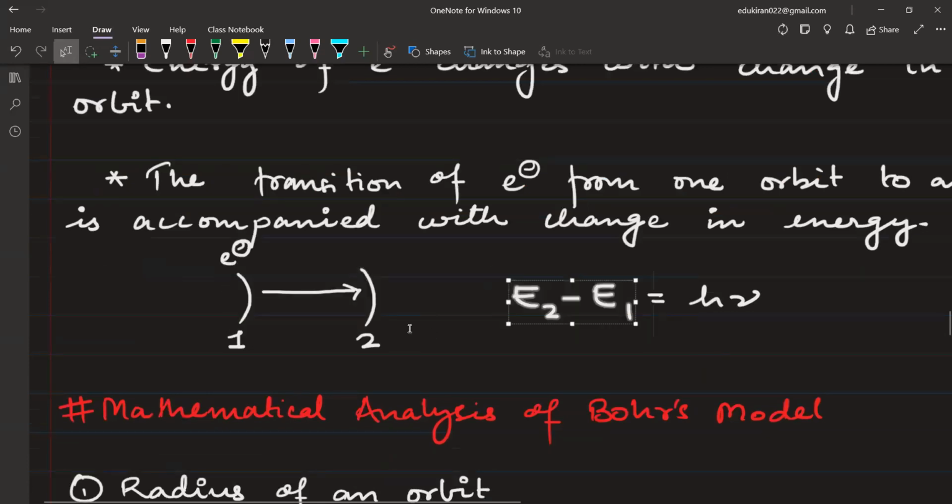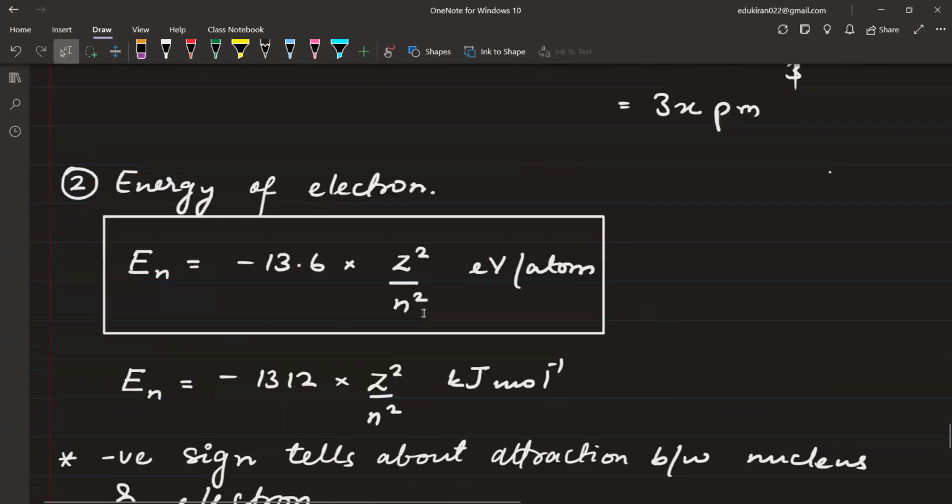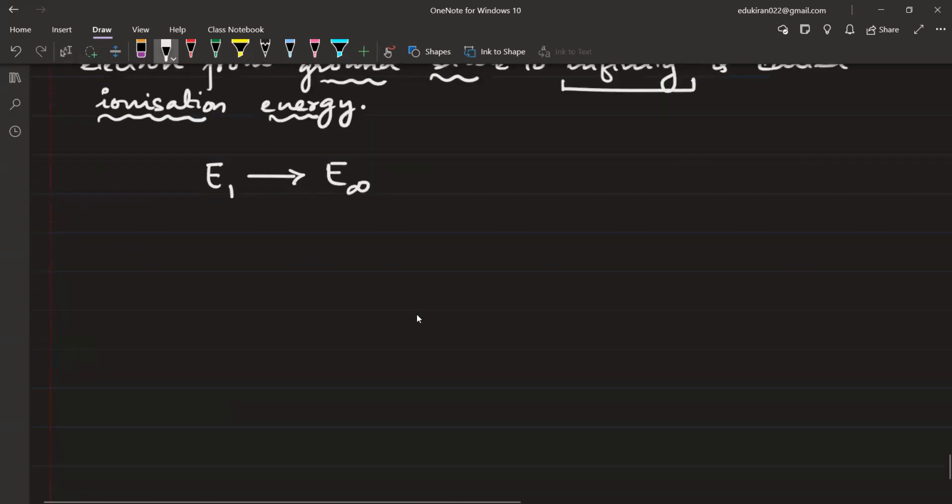E2 माइनस E1. ठीक है, अब यहाँ पे देखते तो E2 क्या है यहाँ पे? E2 is E infinity. That is why the energy required for this ionization will be equal to energy that is present in the infinite shell number minus E1, जो first shell में होता है.